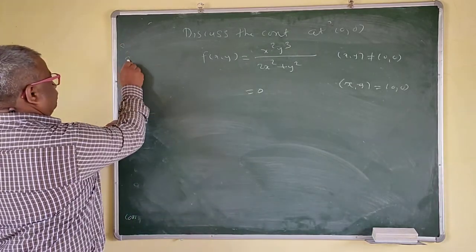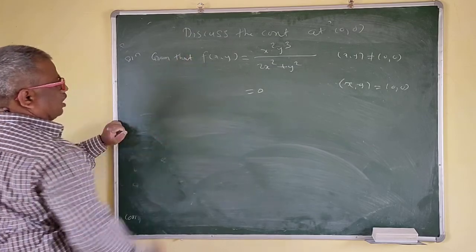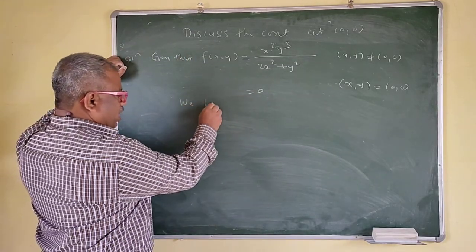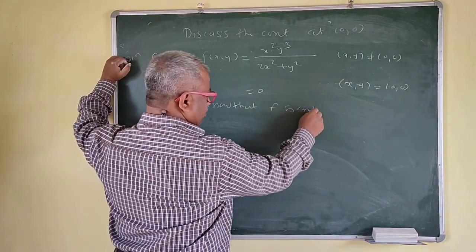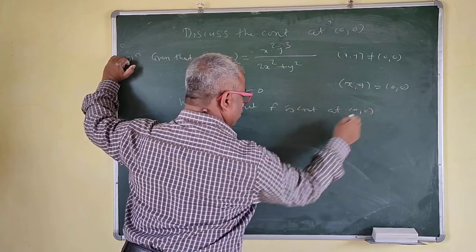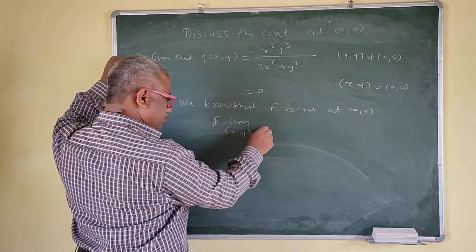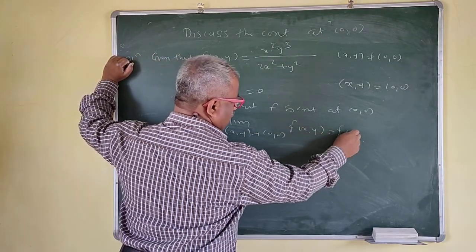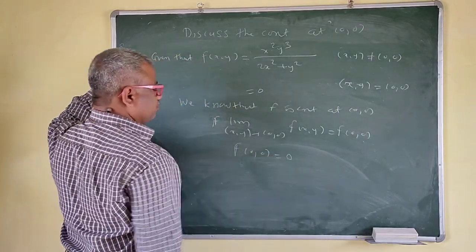Okay, solution. Given that, right? What do I have to do? So we know that f is continuous at 0, 0 if limit xy tends to 0, 0, f of xy is equal to f of 0, 0. Your f of 0, 0 is 0.